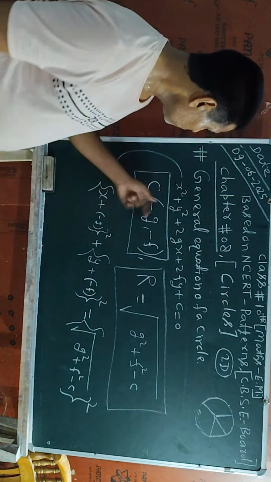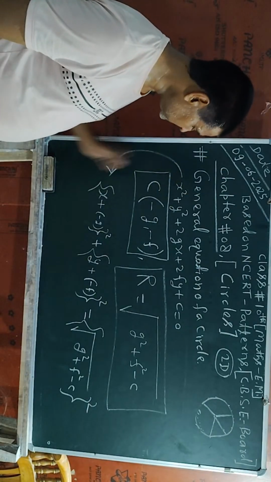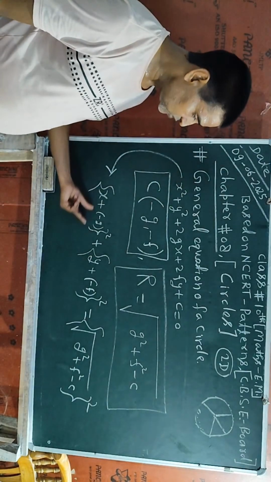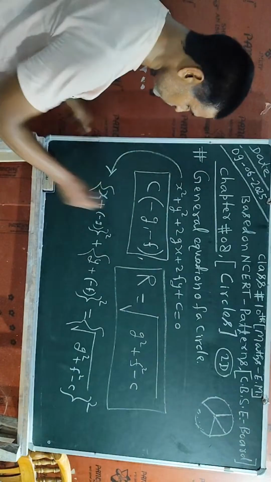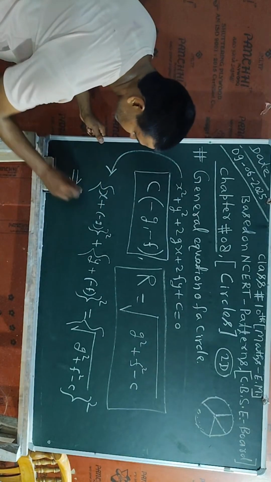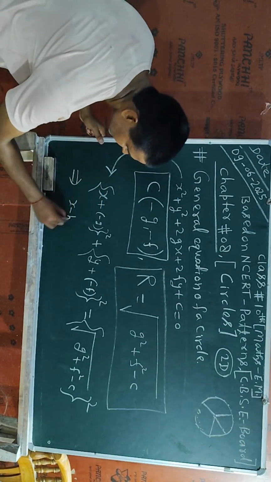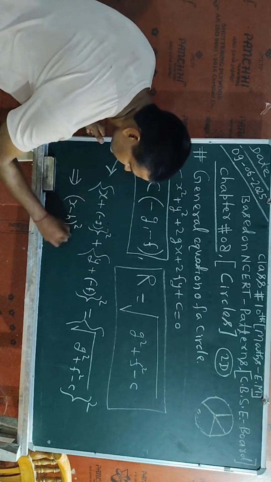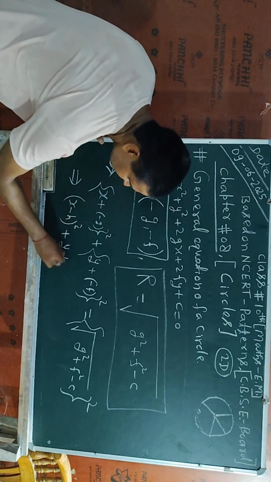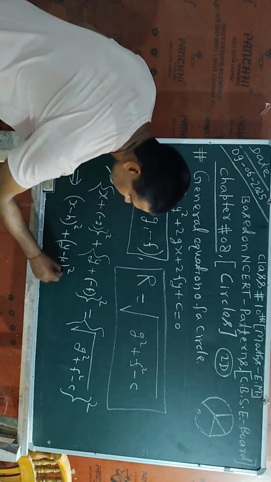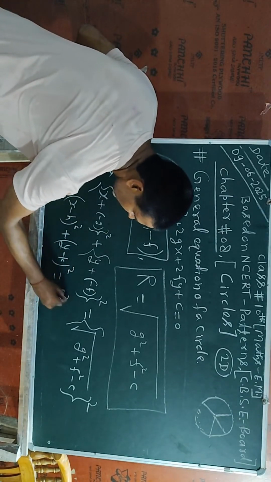Now I am going to also arrange this equation in the form x minus h whole square plus y minus k whole square equals r square.